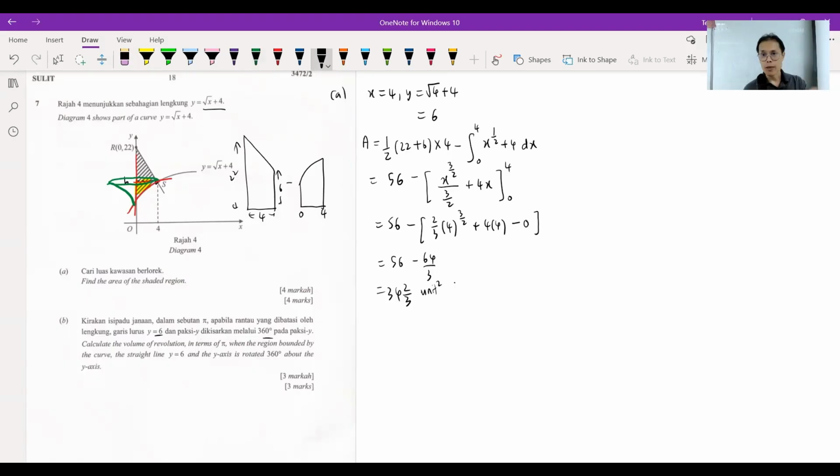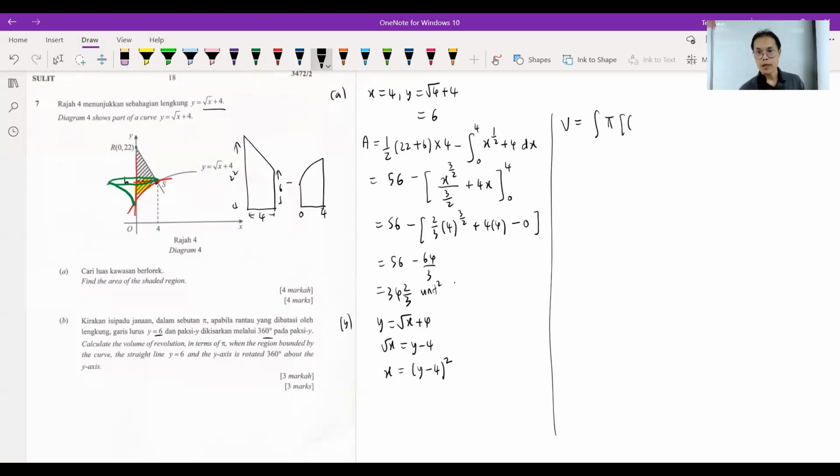But when you rotate about the y-axis, remember we need to make x the subject. So your y is square root x plus 4. Square root x is y minus 4. When you square this, your x itself is y minus 4 squared, right? And since you're finding the volume, volume is pi x squared dy, your x itself is y minus 4.